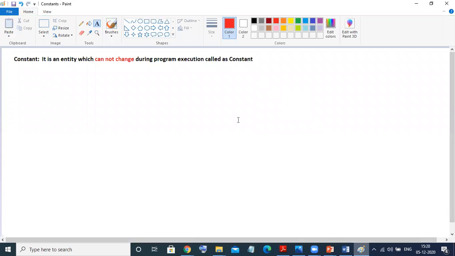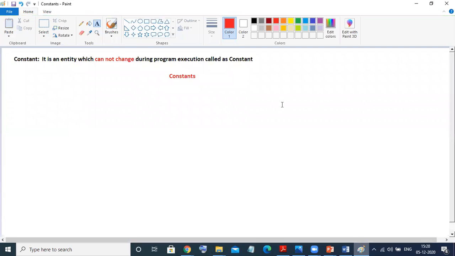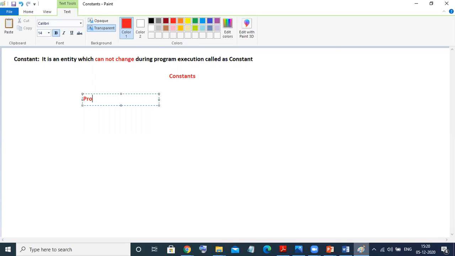So basically the constants are classified into two main categories. One is primary constants and the other is secondary constants. Out of which we are going to focus on primary constants only.